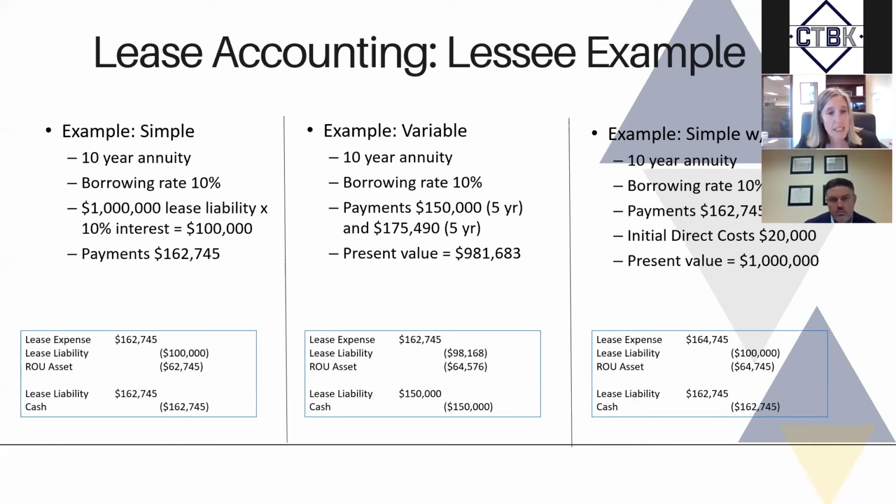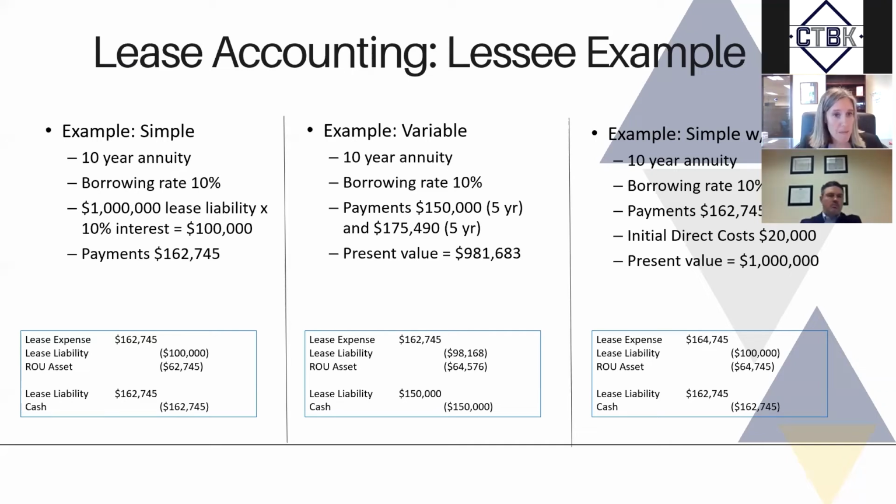Going on to the next page, I'm going to walk you through what that first year of accounting looks like. Starting at the very simple example all the way to the left, my lease expense, which is always straight line, in this case where my payments are the same each year, matches my payment, which is $162,745.